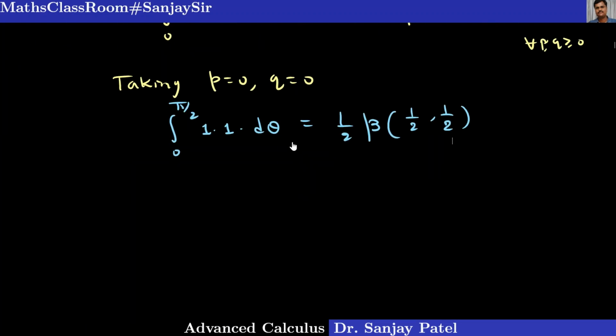Simplifying this, the integral of 1 is theta from 0 to pi by 2 here.